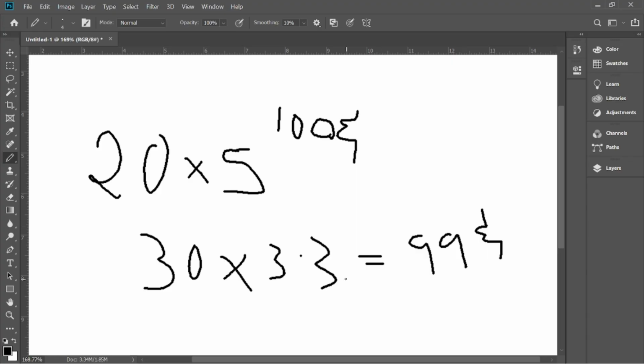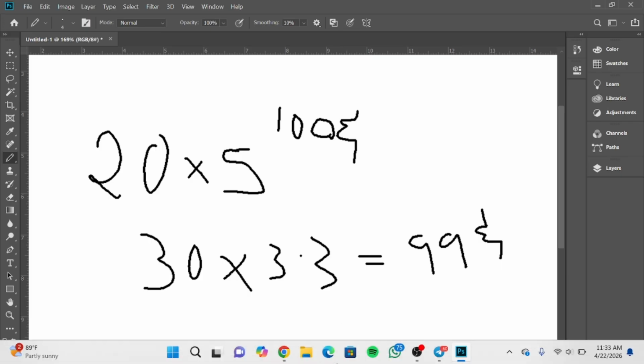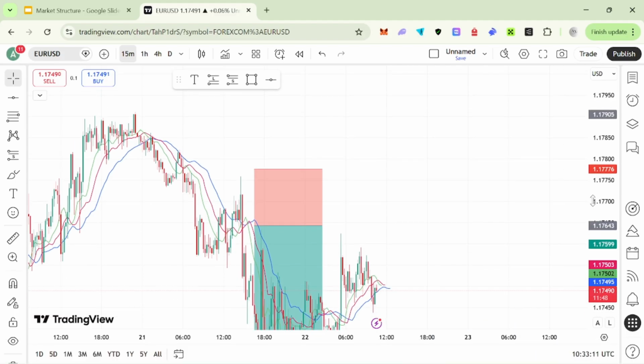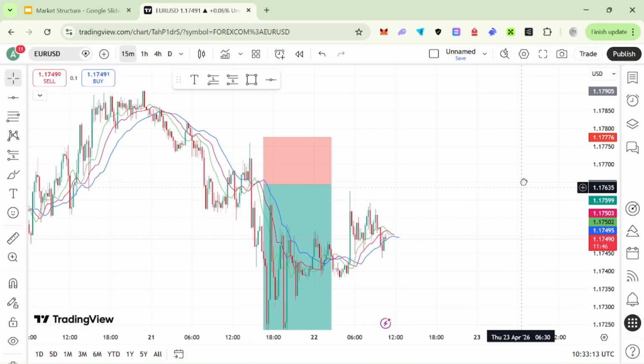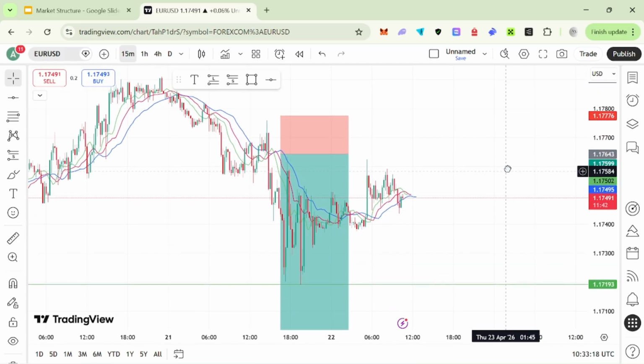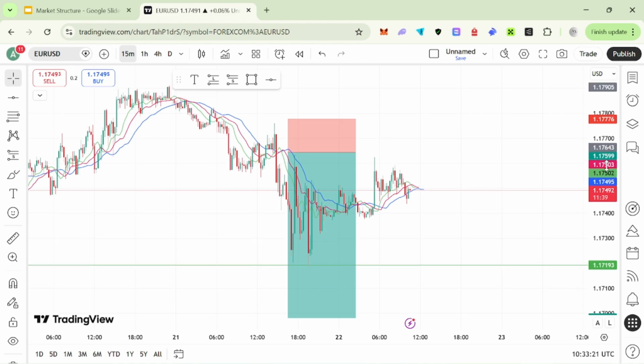Now, risk management is not just about minimizing losses, it's about positioning yourself to win more than you lose. That's what risk management is all about. Positioning yourself to make sure that your wins are outperforming your losses.